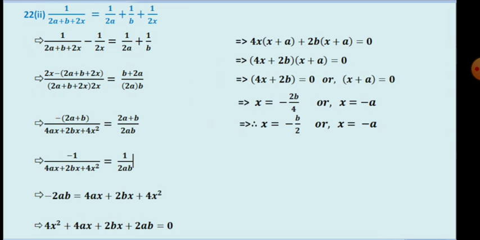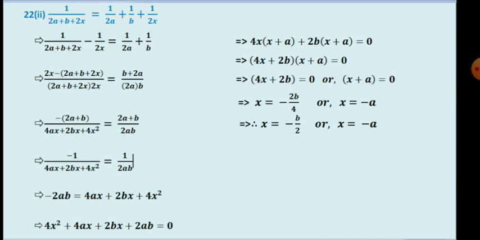Question number 22. 1 divided by 2a plus b plus 2x equals 1 by 2a plus 1 by b plus 1 by 2x. Now let us bring the x terms together. So I'll bring the 1 by 2x to the left hand side. So here I've written 1 divided by 2a plus b plus 2x minus 1 by 2x, and in the right hand side we have 1 by 2a plus 1 by b.